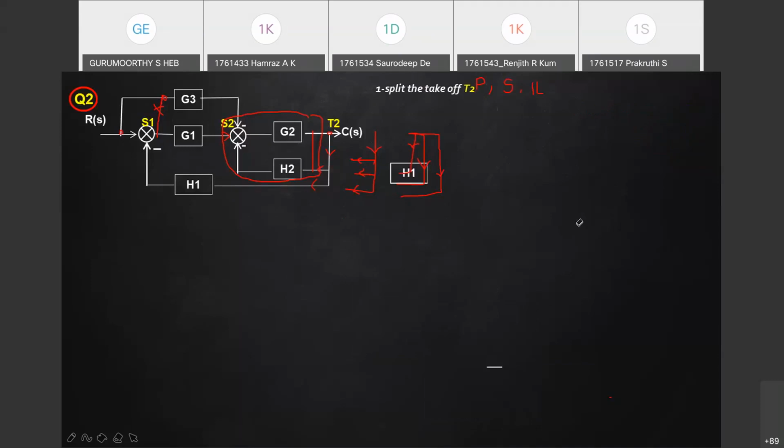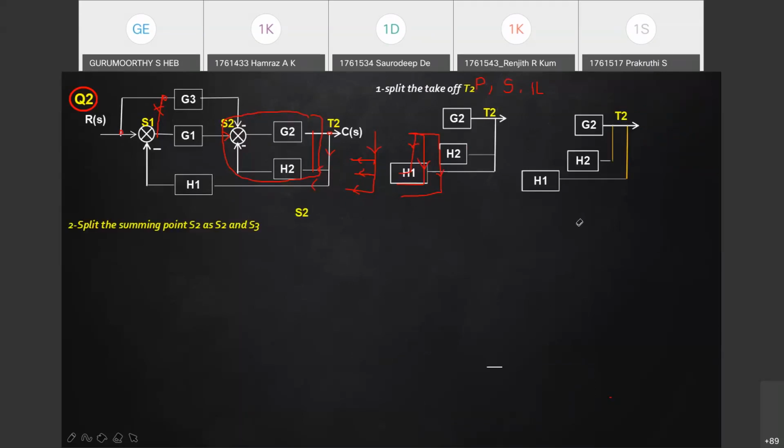Split the takeoff point here after this whatever I said, that is modified. This takeoff point T2 here is separated here. Initially it was like this, then it was shown as T2, H2 separately, H1 separately. Then this S2, the summing point, is also split like this, S2 and S3.